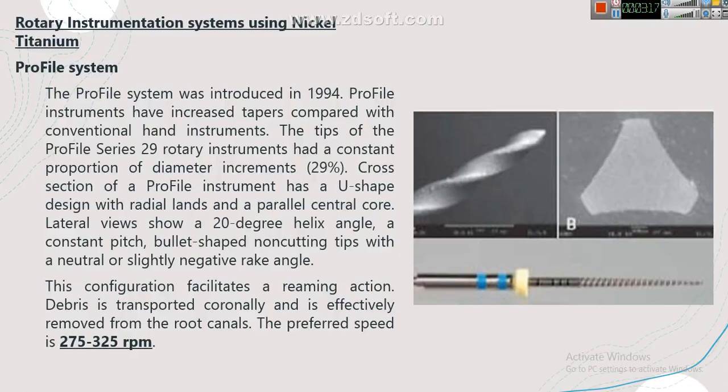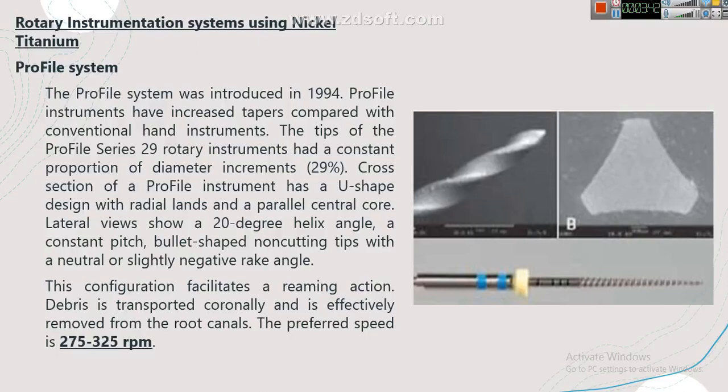We also discussed the difference between filing and reaming action. In that case, this profile system helps us to do reaming action. Debris is transported coronally toward the crown part and is effectively removed from the root canal system.